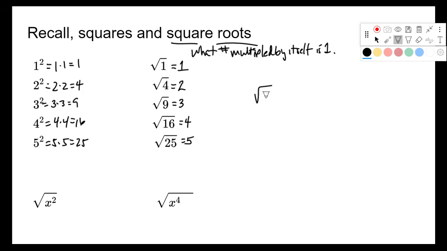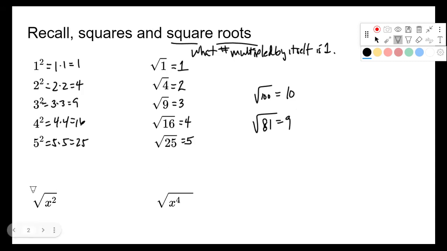If I were to ask you something like the square root of 100, you should be able to tell me that's 10, because 10 times 10 would be 100. The square root of 81 is 9, because 9 times 9 is 81. So that's what we mean by taking a square root.